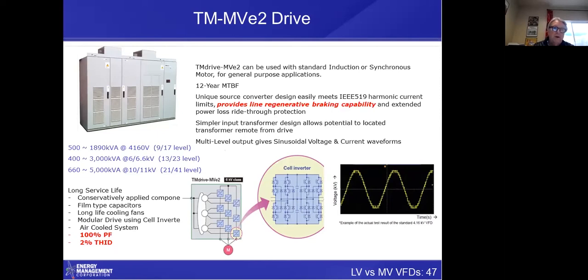But it also has 2% total harmonic current distortion down here. That's phenomenal. You cannot match that with a low voltage drive, regardless of what technology you use. Why is that? It's because they can use phase multiplication in series rather than in parallel, and the active converters have multiple converters, so you just get incredible performance.